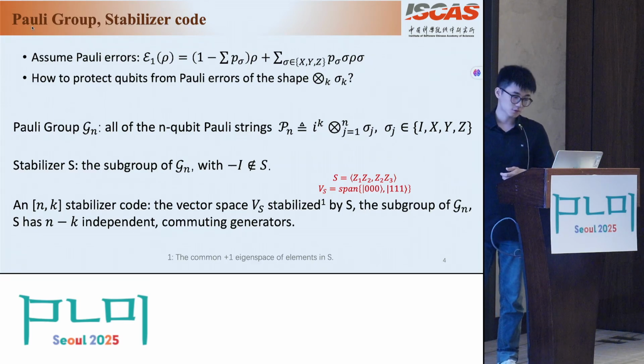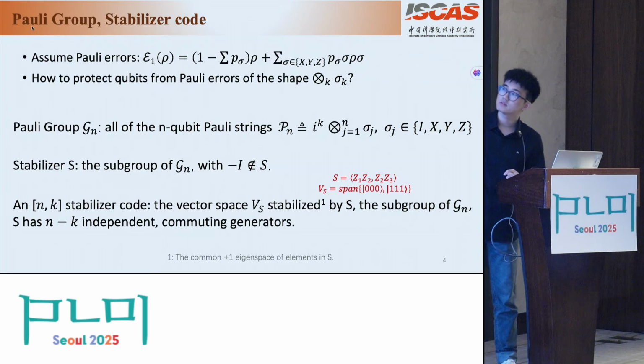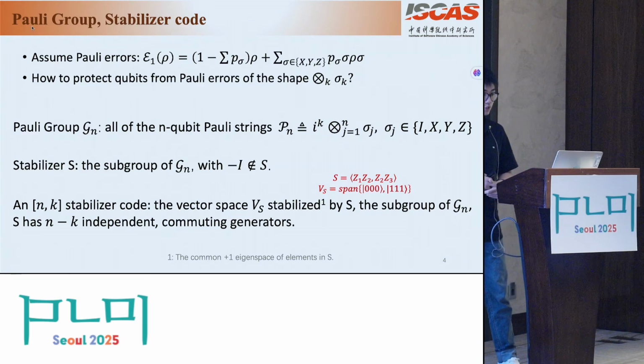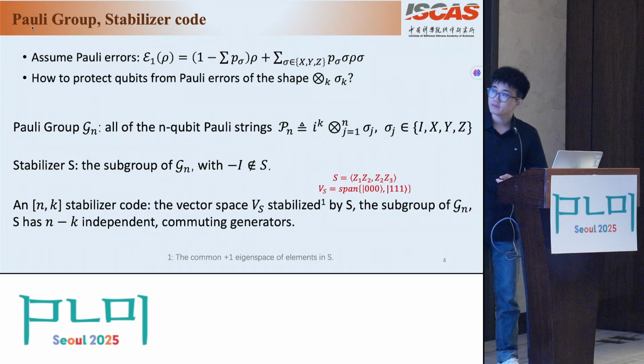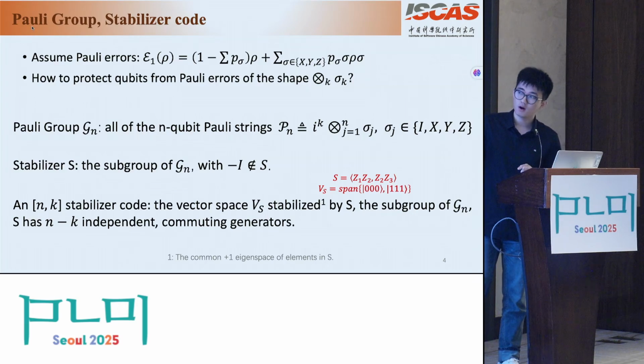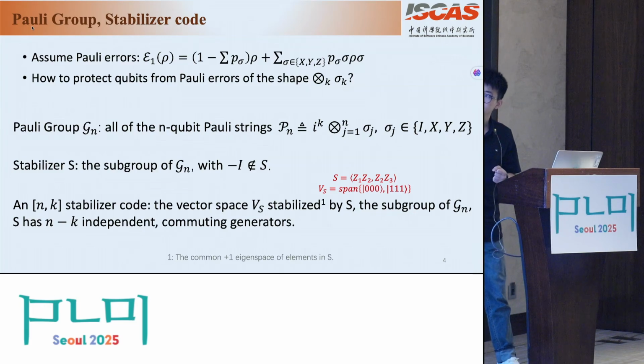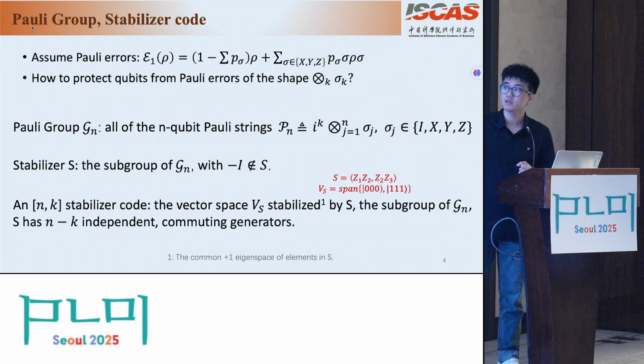Assume that the errors are all Pauli-based errors, and the single qubit error channel is the depolarization channel. The Pauli strings are tensor products of Paulis with phases, and the Pauli group contains all of the n-qubit Pauli strings.